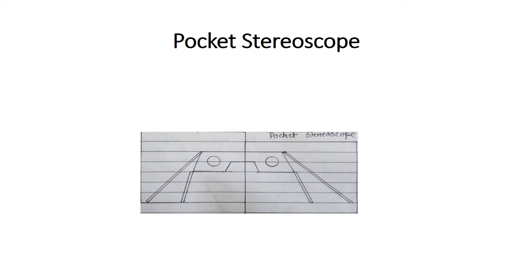Now we will discuss the pocket stereoscope. It is the most commonly used stereoscope, and the construction is very simple. This is the place from where, with the help of the left and right eye, we view the aerial photographs kept below the pocket stereoscope. It consists of two simple convex lenses mounted on a frame.